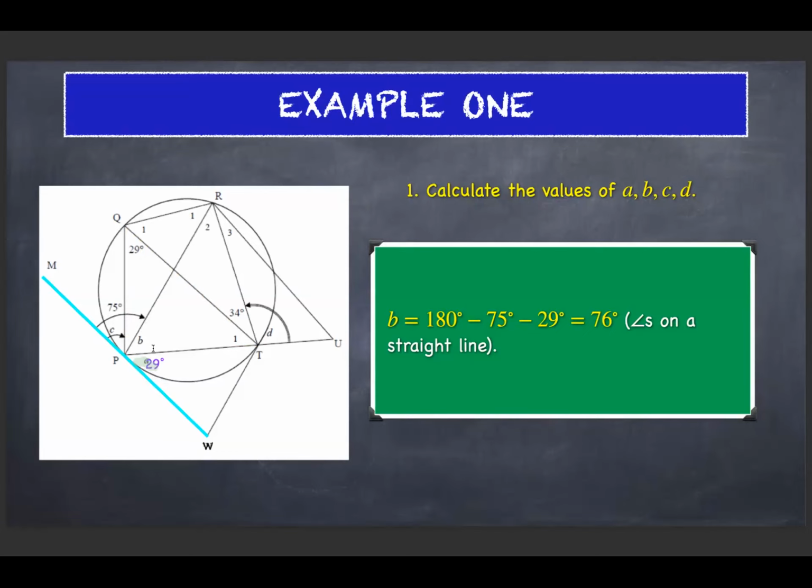That's just going to be an angle on a straight line. MW is a tangent, so it's a straight line. And so if we add 75 degrees and 29 degrees, if I'm doing the math right, that gives 104 degrees. Then we subtract that from 180 degrees, angles on a straight line, and that will give us 76 degrees. So now we've got that A is 29 degrees, B is 76 degrees.